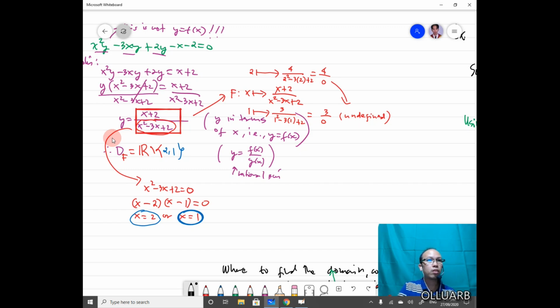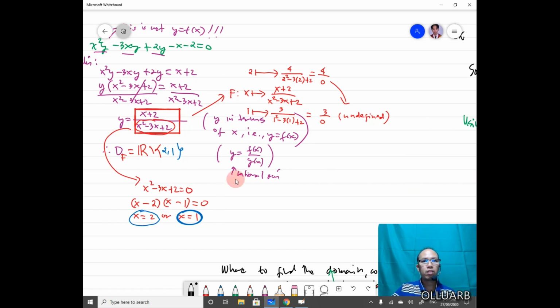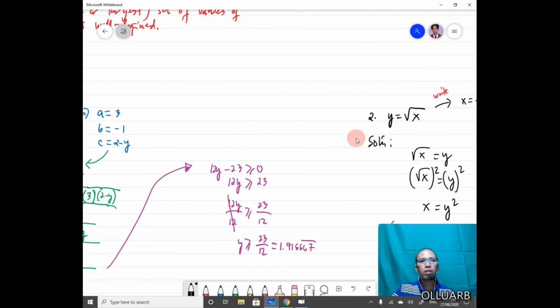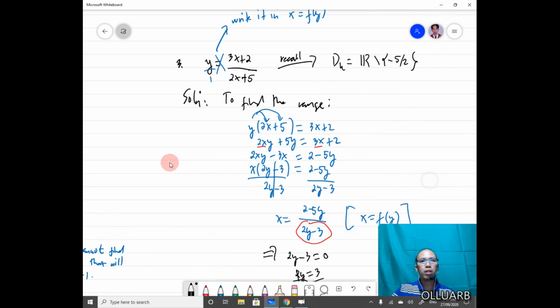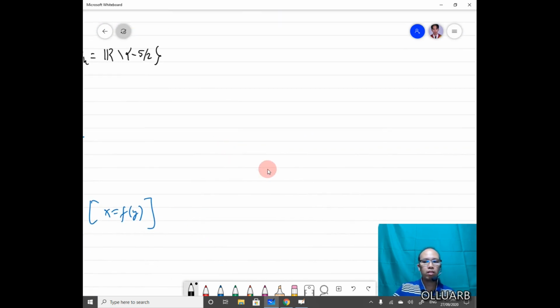Our function is big F. Let's copy it again here. Number 4 is y is equal to x plus 2 over x squared minus 3x plus 2. Okay, this is hard.